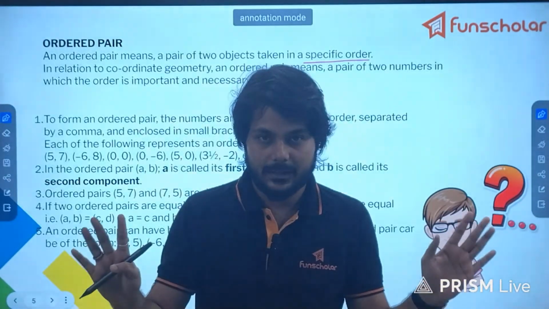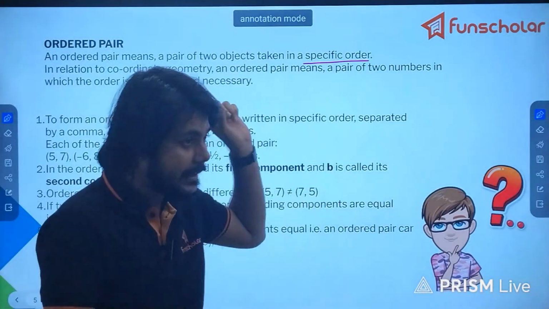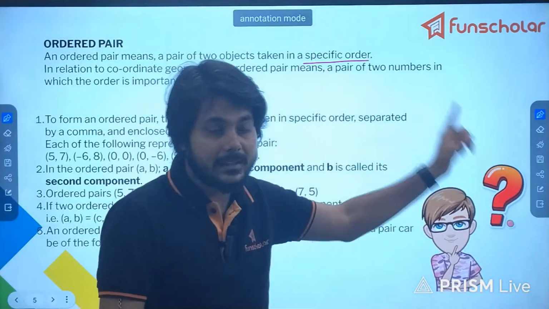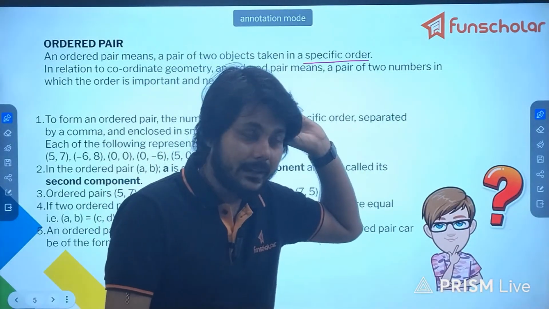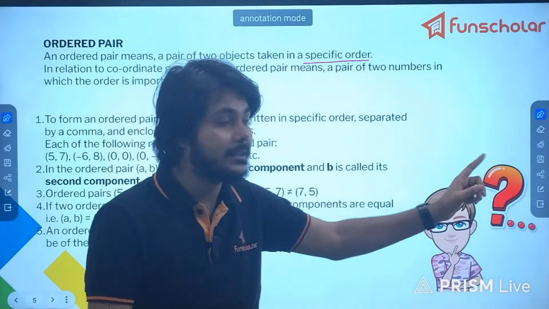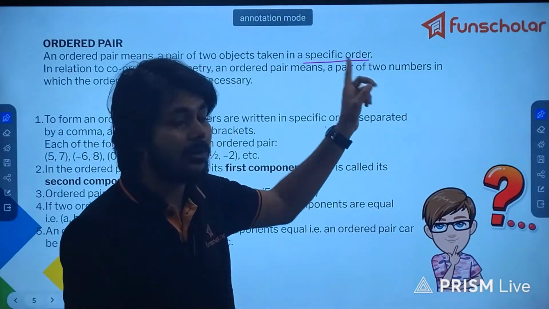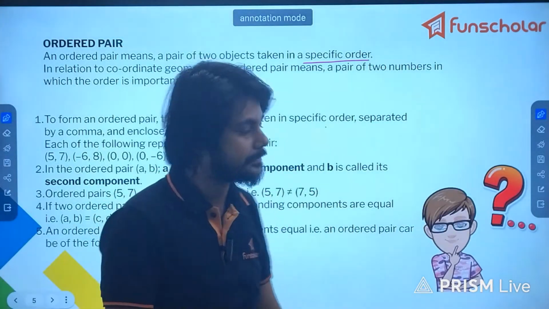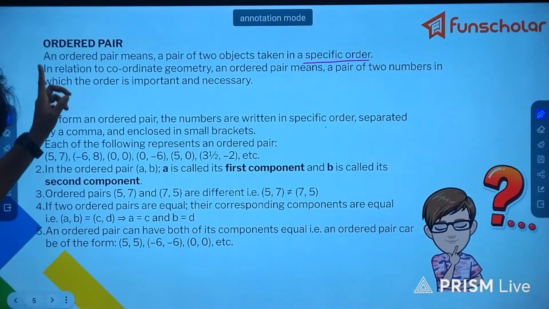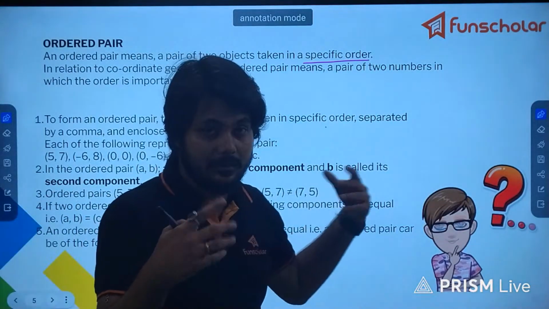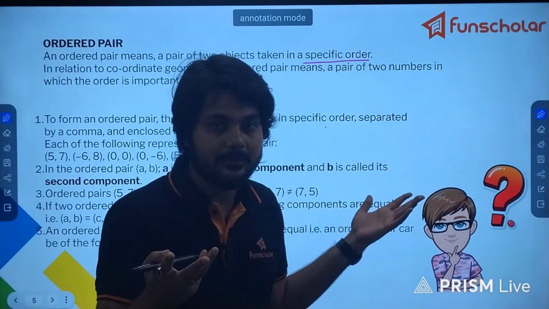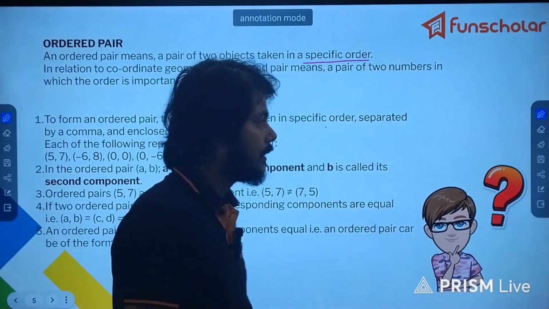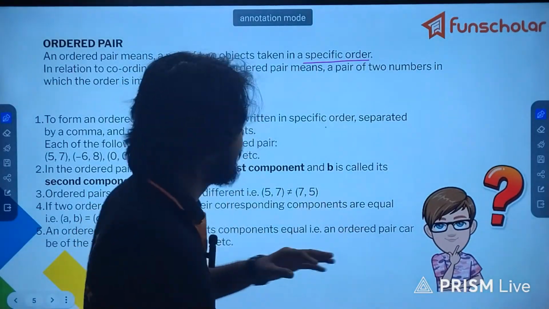Whatever you want to take, you need to take those objects, those numbers, those symbols, those letters in a specific order. Specific order is the key term in relation to coordinate geometry. Why am I saying specific order? You will get the answer very soon.